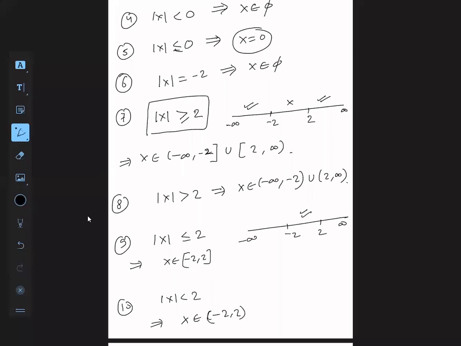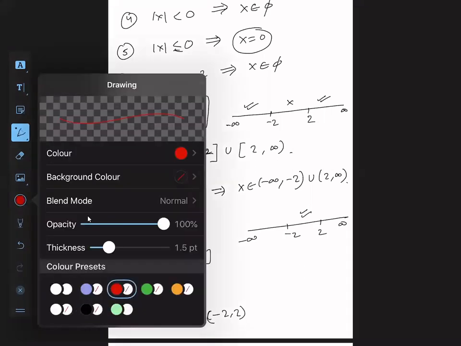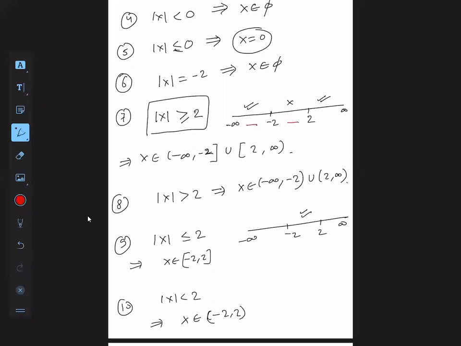Seventh and eighth, you have to put different values in these intervals. These are the three intervals. If you put any value between minus infinity and minus 2, let's say if x is minus 5, then x equal to minus 5 satisfies this inequality.